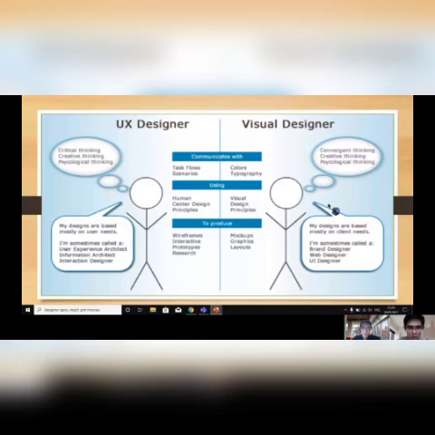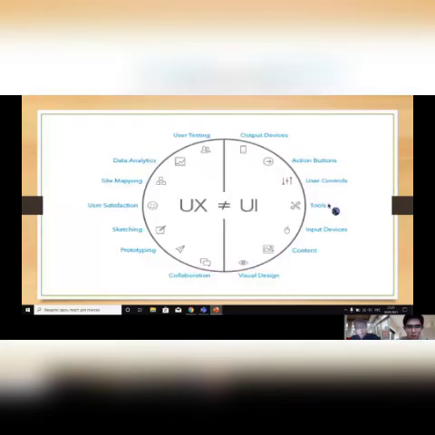Creating product prototypes, developing personas, feedback, and action buttons.